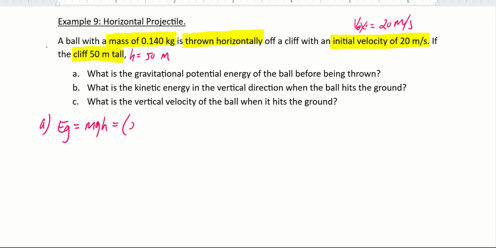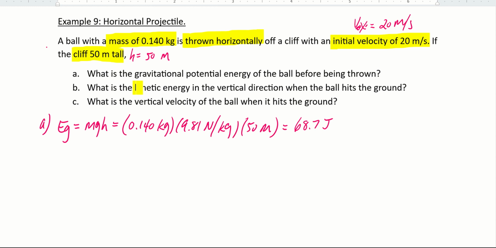Our mass is 0.140 kilograms. G is 9.81 newtons per kilogram. And our height is 50 meters. So if we calculate that, we get 68.7 joules. So that would be our answer for A.